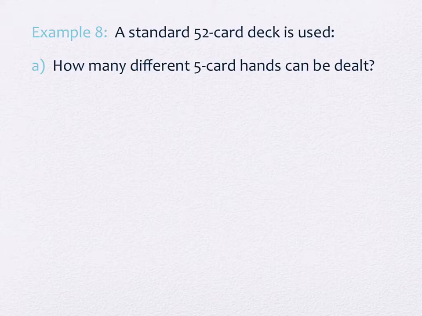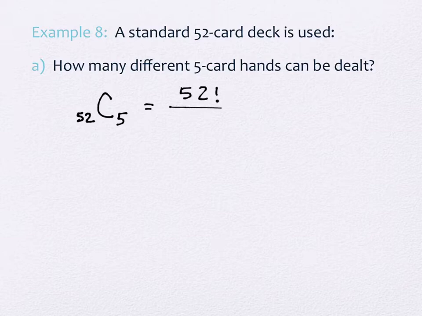The order doesn't matter, so I have a combination. I have 52 cards I'm choosing from, and I'm going to make a 5-card hand. With the combination, I put that same 52 factorial on top, just like in the permutation one on the last problem. But my denominator includes not only the number of cards that aren't chosen, but the number of cards that are.